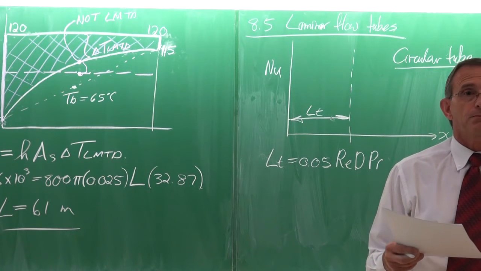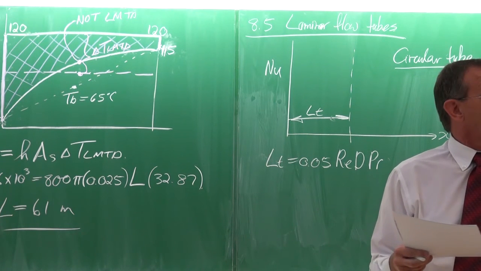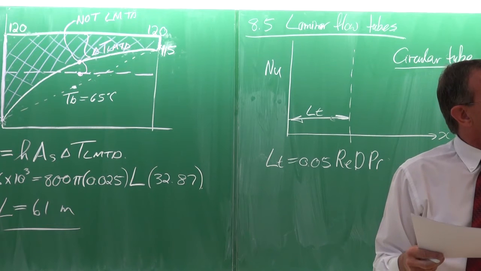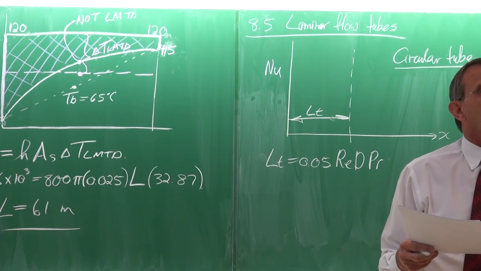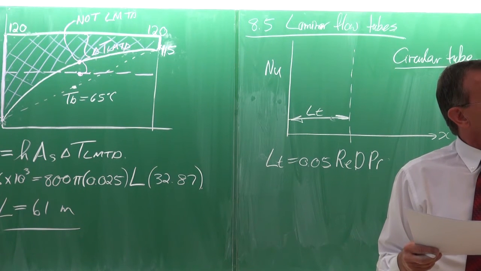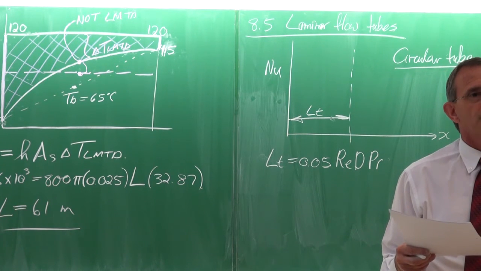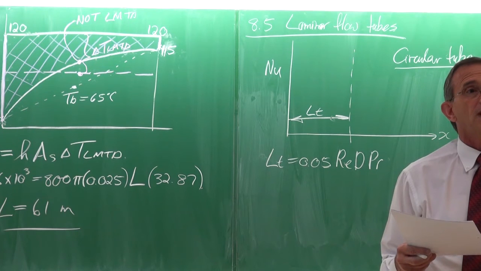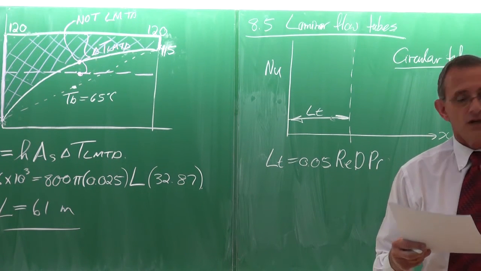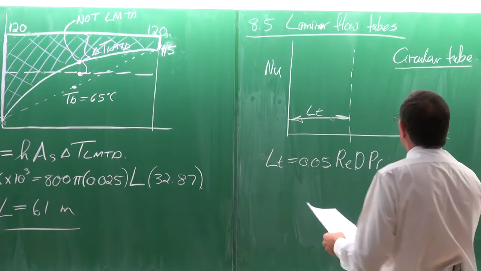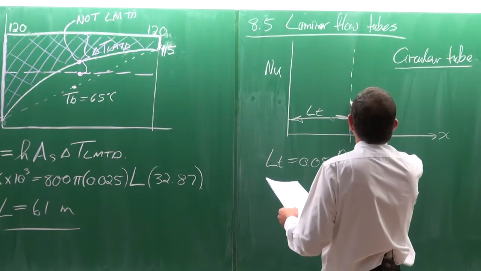And because from fluid mechanics, you know exactly what the velocity profile would be, you can go and calculate what the Nusselt number will be for laminar flow. And you can do it, take note, for fully developed flow. So for fully developed flow, you can go and calculate it, and the derivation is in your textbook.